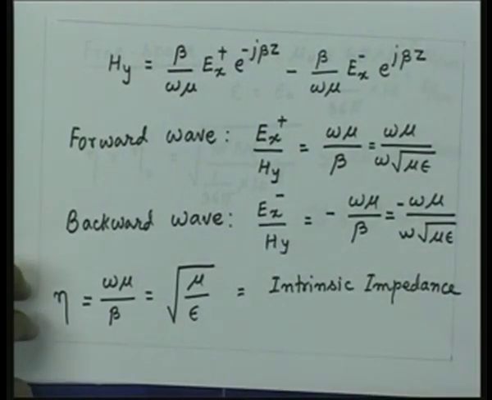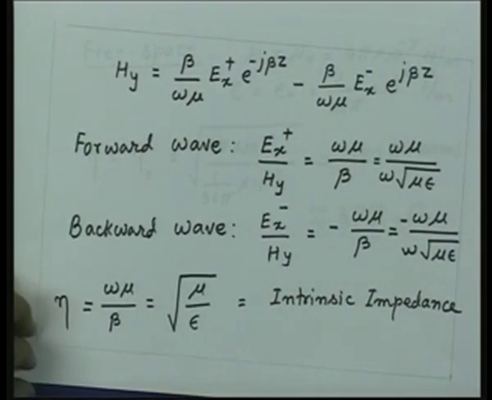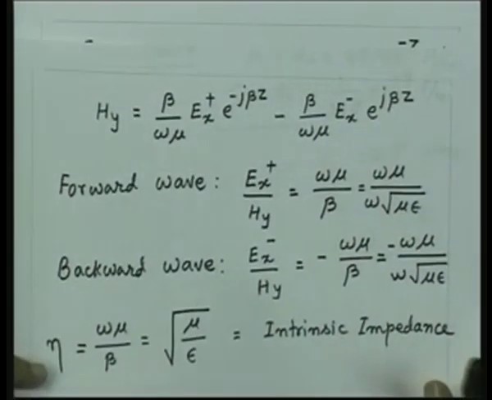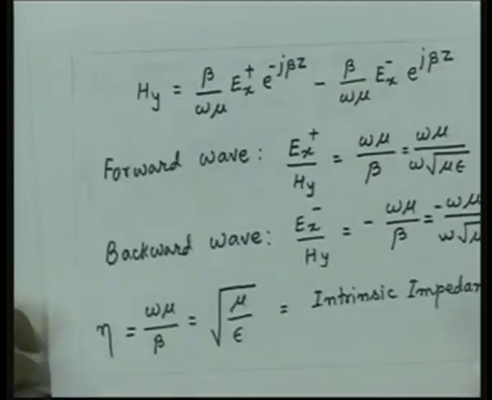Although we have taken the electric field here, which is x oriented, we could have taken actually the electric field in any direction in the xy plane, because what we have seen is the electric field should be constant in a plane containing the vector, and once we say that plane is the xy plane, the electric field could orient anywhere in the xy plane.